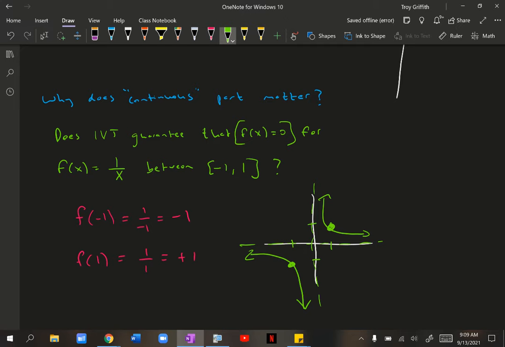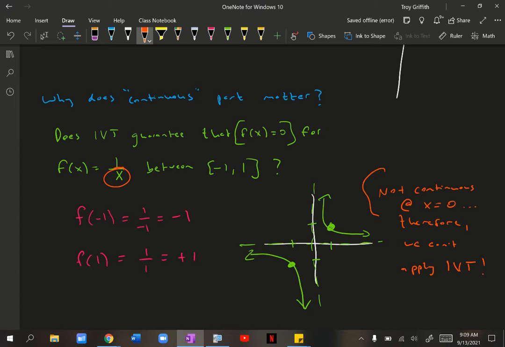This function does not have an x-intercept anywhere between -1 and 1, and the reason why is because this function is not continuous. Okay, so what we would have to say here is this function is not continuous at x equals 0, therefore we can't apply the intermediate value theorem.